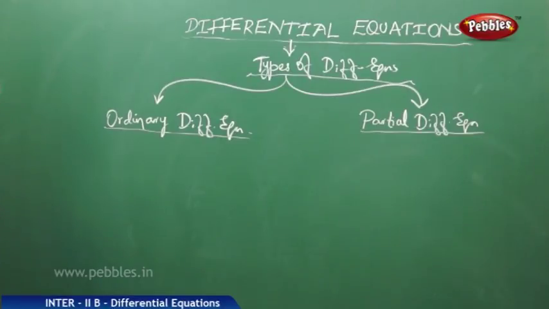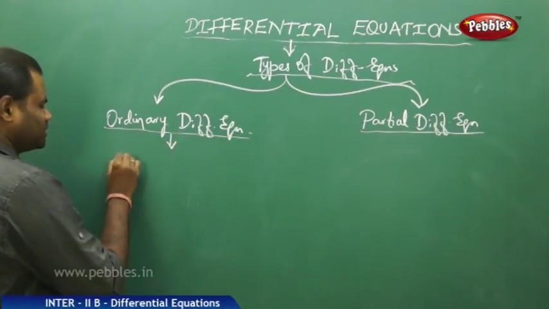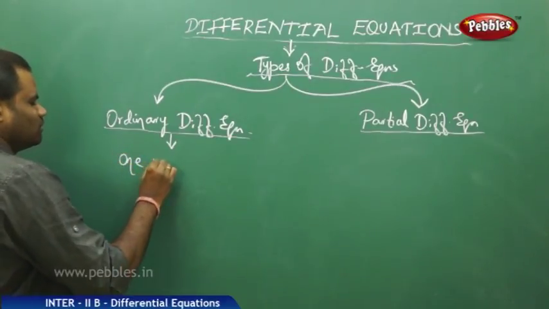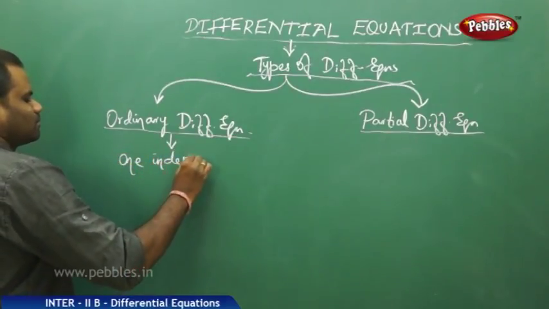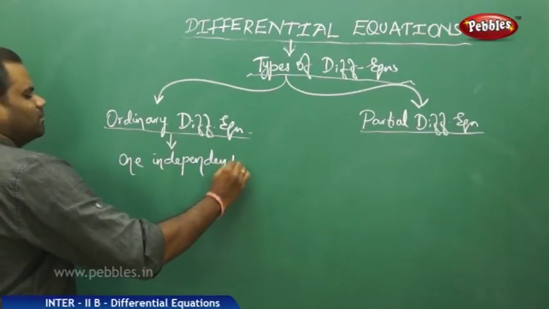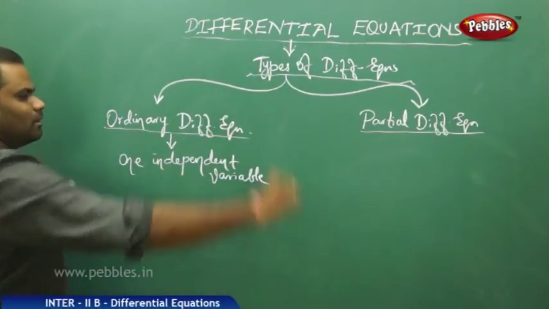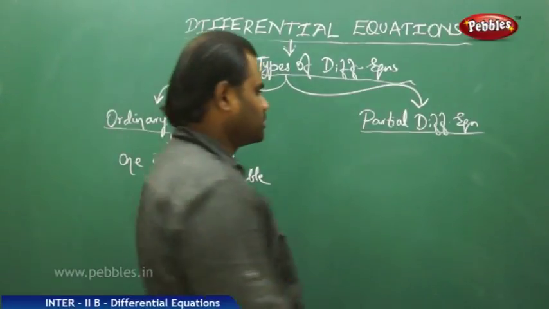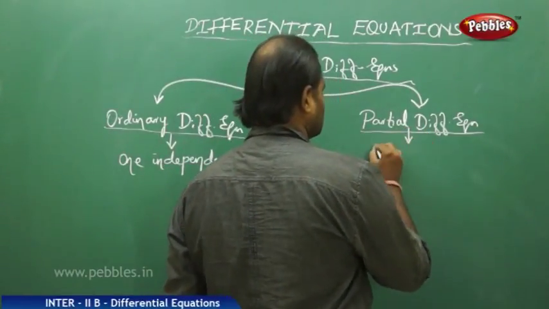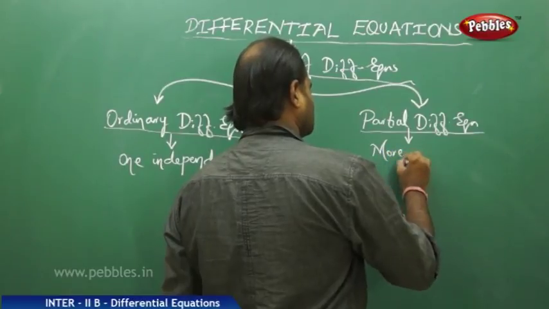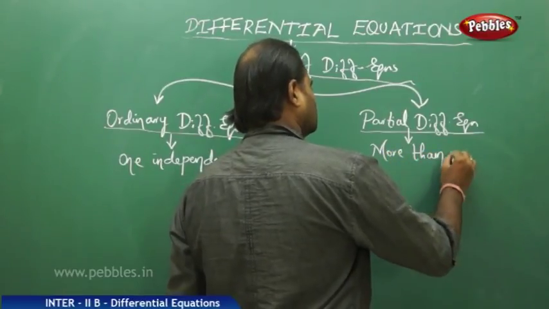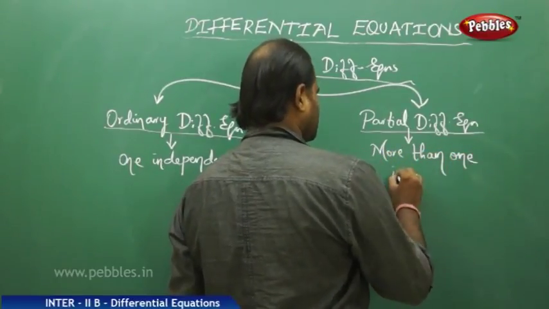For an ordinary differential equation, the condition is that it has only one independent variable. But the partial differential equation has more than one independent variable.